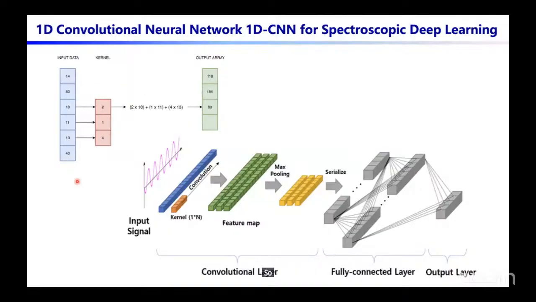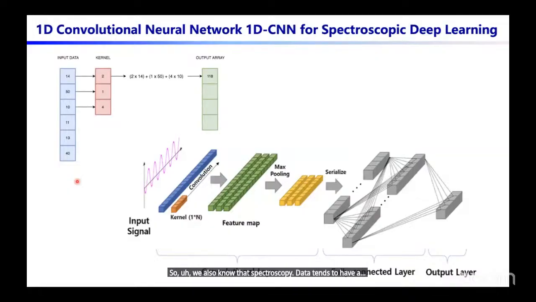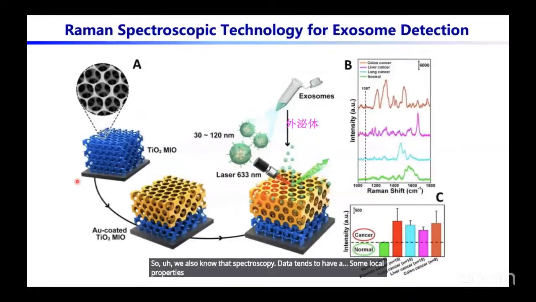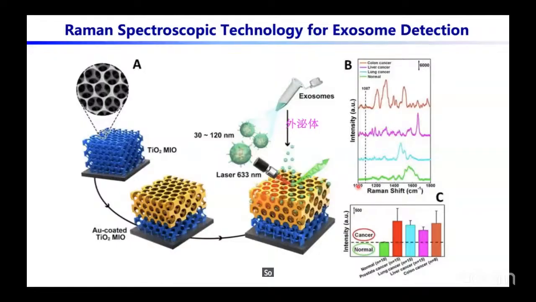We also know that spectroscopy data tends to have some local properties. Why is that? Remember that, for instance, we look at this Raman shift. It goes from smaller shift to larger shift, right?